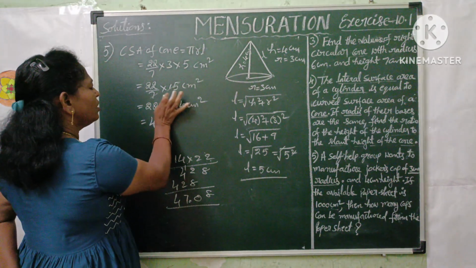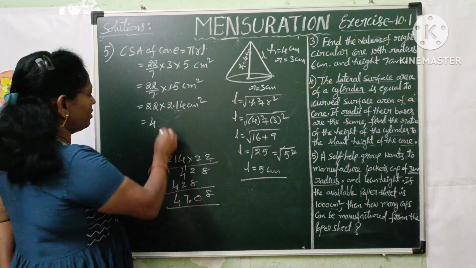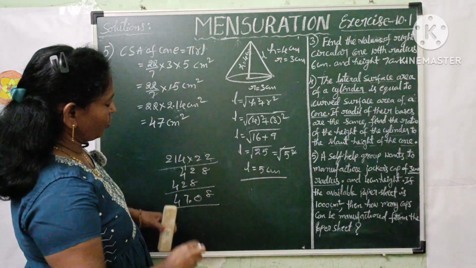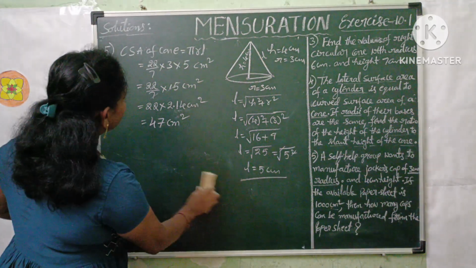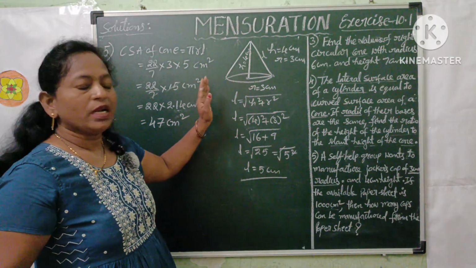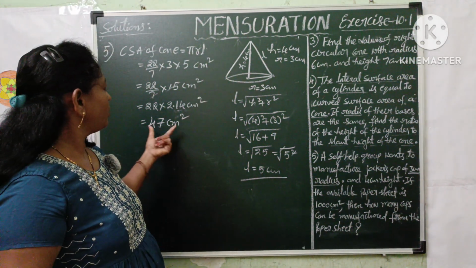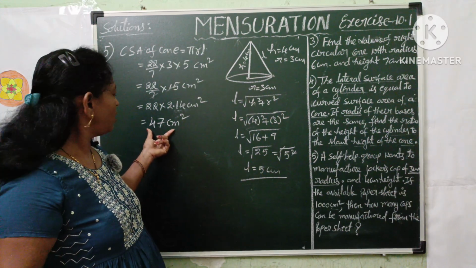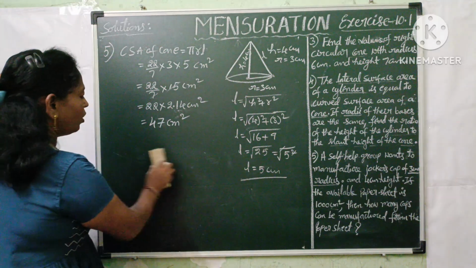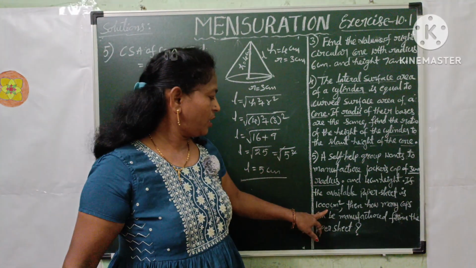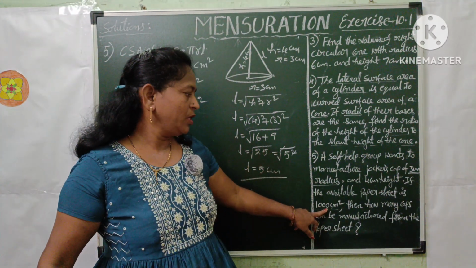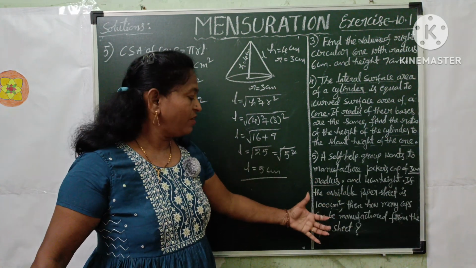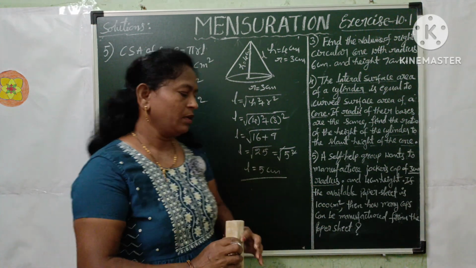No need to count after the decimal point, so 47 centimeter square. Next, this is for one cone: one cap is prepared using 47 centimeter square area of the sheet paper. Now they said the sheet of paper is 1000 centimeter square. How many can you manufacture with 1000 centimeter square?